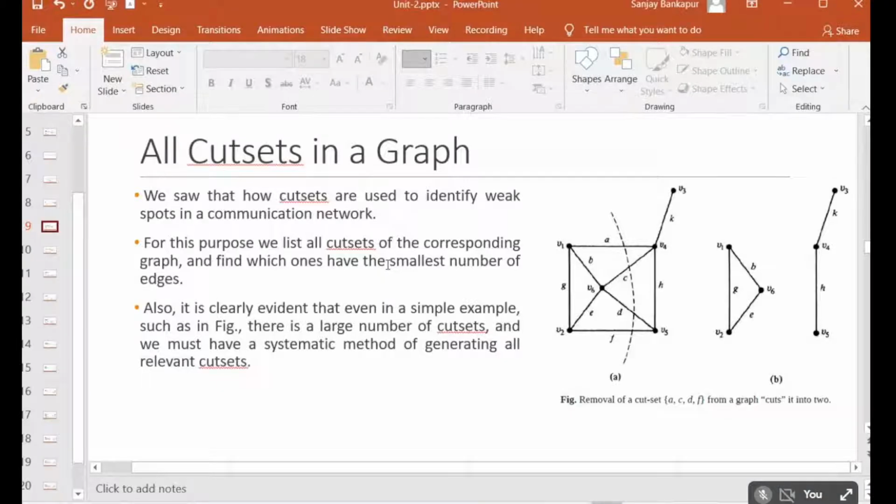So in this example, we can find a large number of cut sets which will make the given graph disconnected, and we must have a systematic method for generating all relevant cut sets. Then only the application part becomes more meaningful, to address the weaker part of the network to make it strong. So how can we do that?